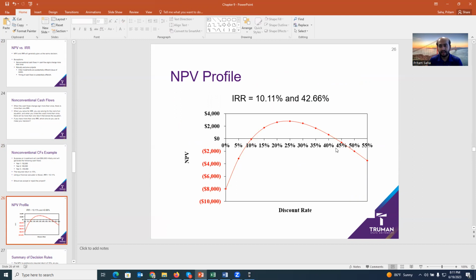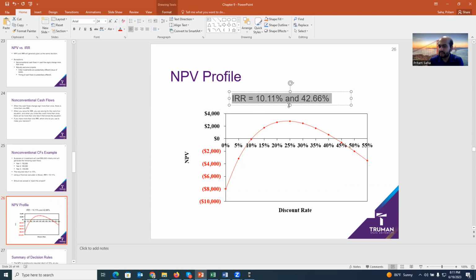If you remember, in the very first chapter 5, we said that there is no easy way to calculate the rates theoretically. You have to do trial and error. Financial calculators and Excel will solve it for you, but there is no formula like for NPV that lets you solve it theoretically. So if you do trial and error, you have two different IRRs.